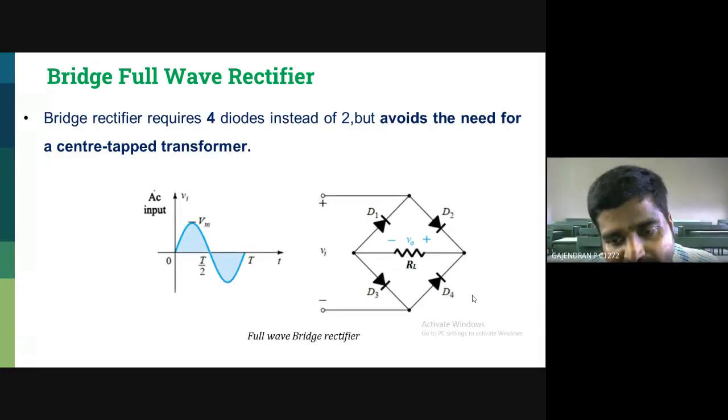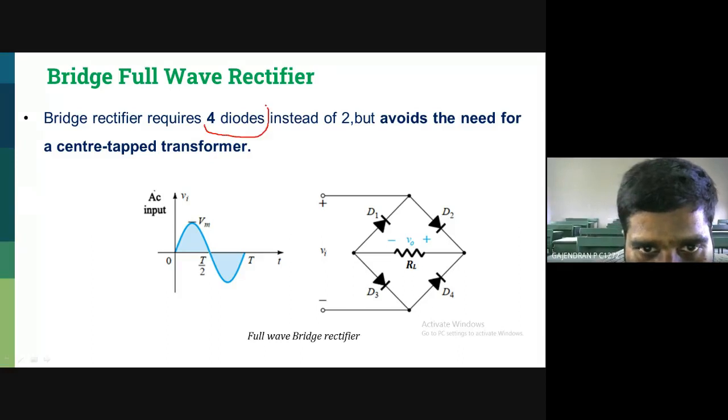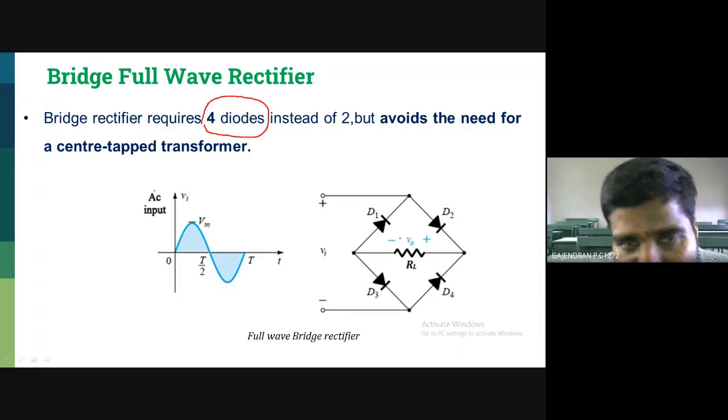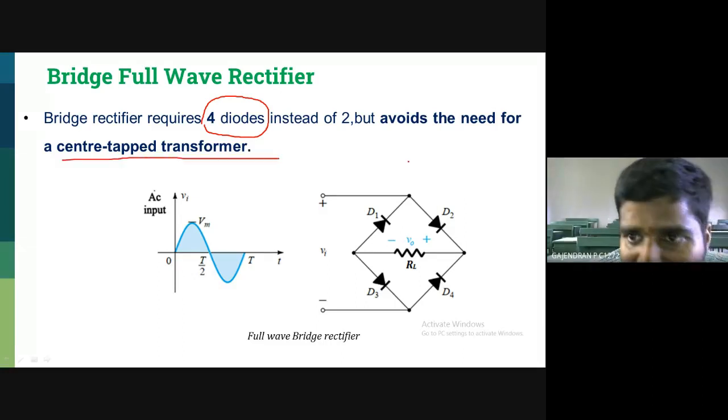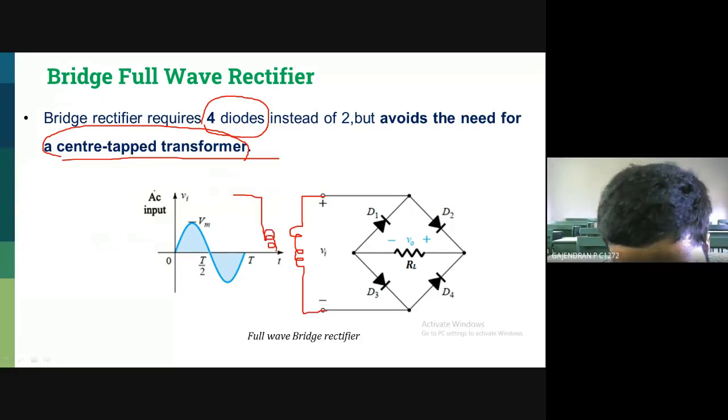See, in the previous case you need 2 diodes, but here you require 4 diodes. But the advantage of the bridge rectifier is that it eliminates the center tap transformer. No need to use a center tap transformer. Simply I can connect the secondary winding of the transformer like this, then I can connect my primary winding of the transformer.